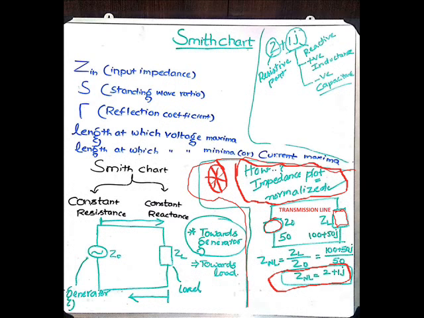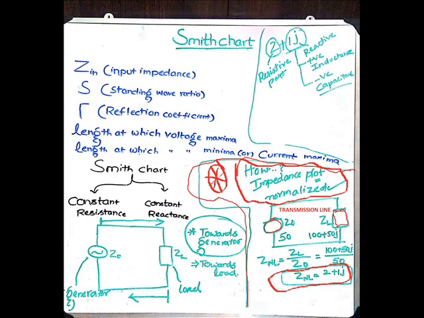So now what I have to do is, in the case of Smith chart, everything is plotted in terms of normalized values. Whatever it may be, everything will be normalized. So now I am going to find the normalized impedance, which equals the load impedance divided by the characteristic impedance, that is ZL by Z0.